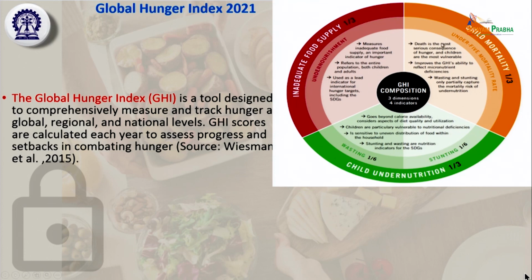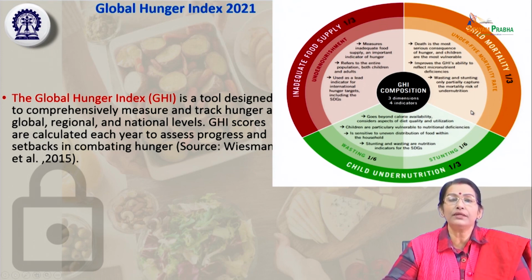All these details are there for you to go through. At different stages, child malnourishment and child mortality are the parameters measured through the Global Hunger Index every year in every zone, every region, every state, and at the global level as well.